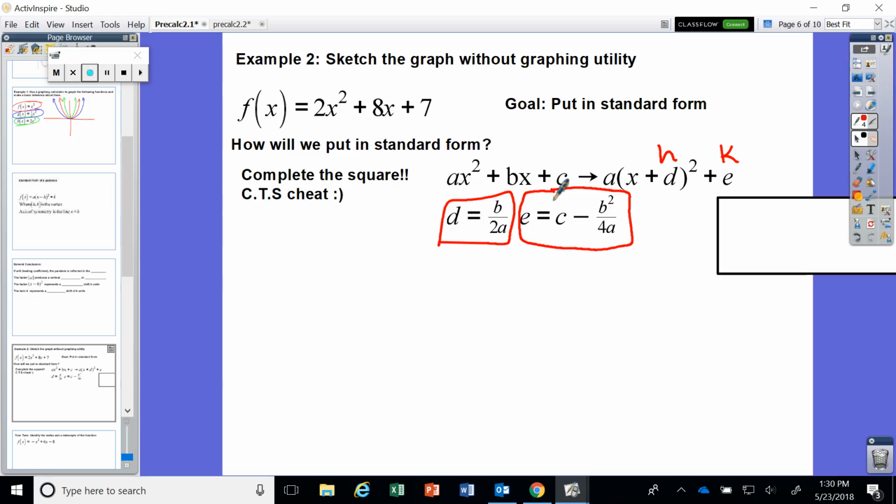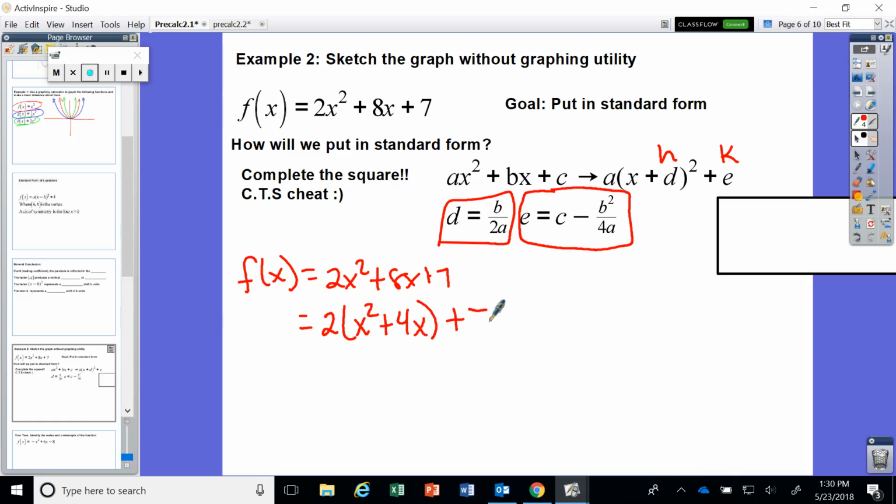All right, so first and foremost, we have f of x equals 2x squared plus 8x plus 7. If you remember correctly, when you did not have a leading coefficient of 1, you wanted to see if there was a common factor in those leading coefficients. In this case, we do see there is a common factor, so I'm going to factor it out and group it in a different sense.